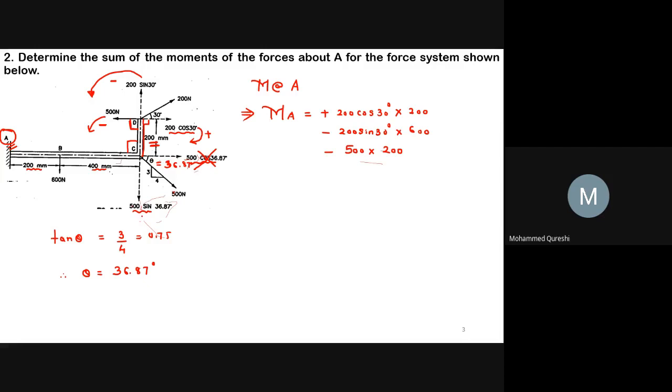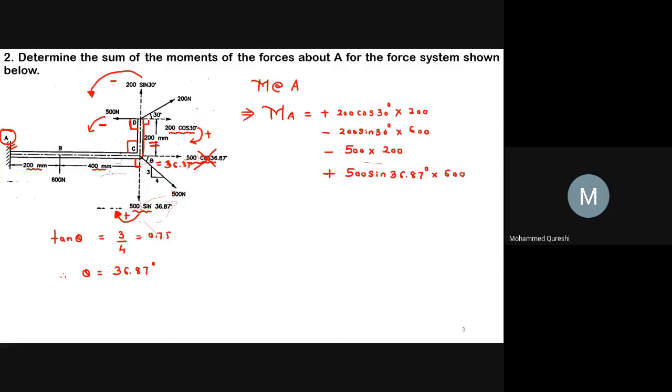As this force will move towards A in this direction, that is clockwise direction, hence it will be plus. So I will write here plus 500 sine 36.87 degree, and the perpendicular distance with respect to point A is 400 plus 200, that is 600. So I will multiply it with perpendicular distance 600.